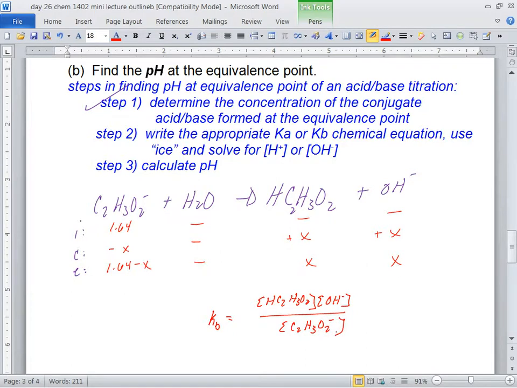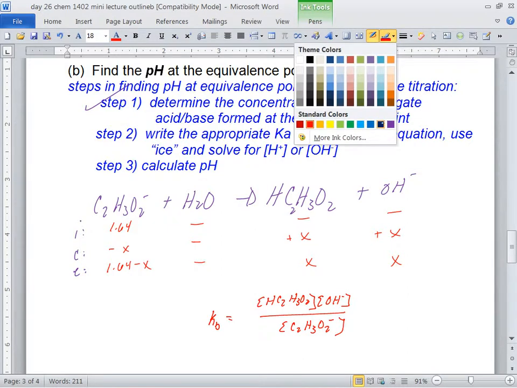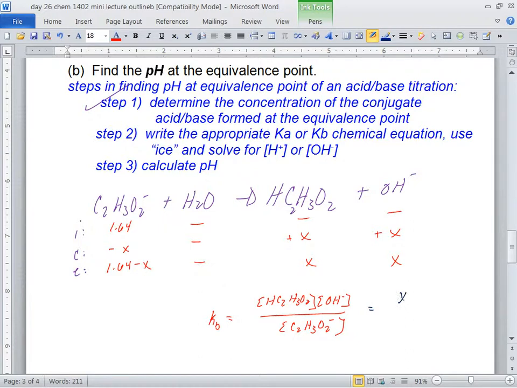So Kendall's got it all set up for you. Andrea, now how do you plug in some numbers here? So we would plug in x for the top two, and 1.64 minus x on the bottom. X squared over 1.64 minus x. And then, Andrea, what do you do for the Kb?